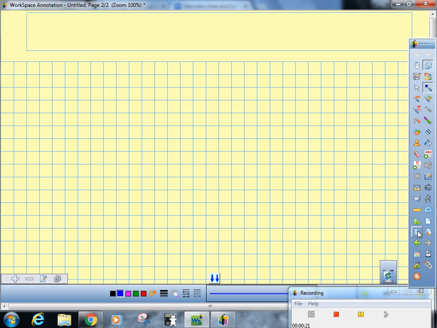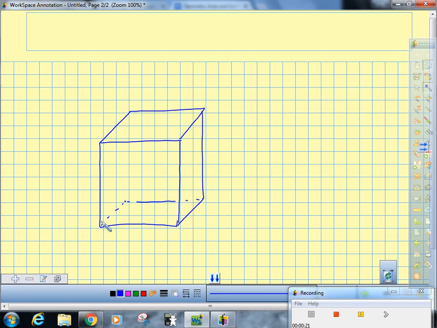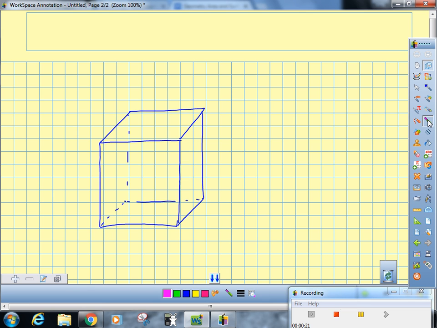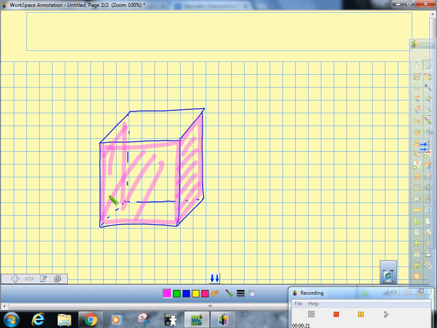So, let's say you've got a rectangular prism. Okay, well, the lateral area is the area of everything that is not included in the base. So it's that, and it's the back.